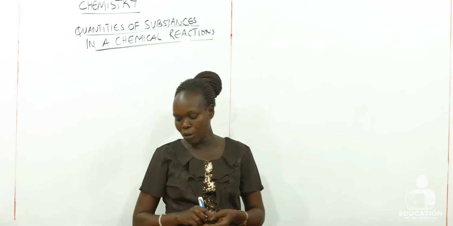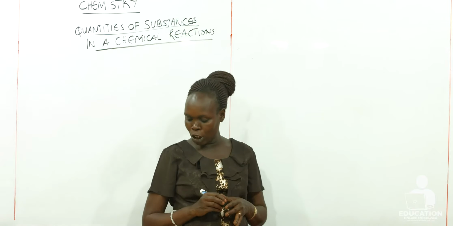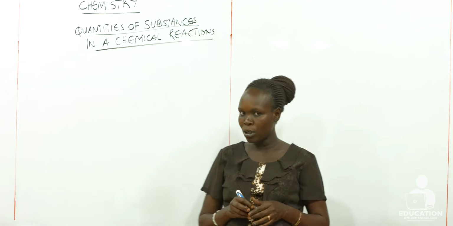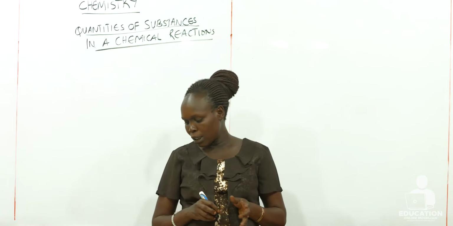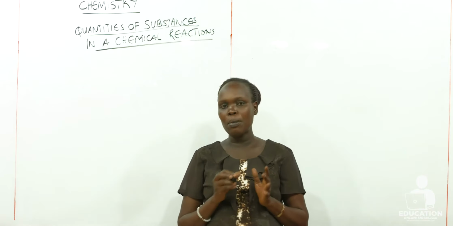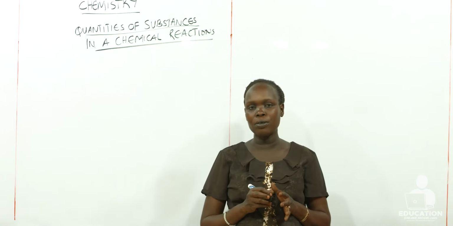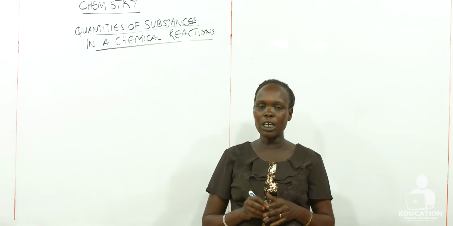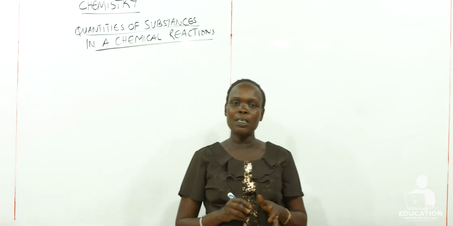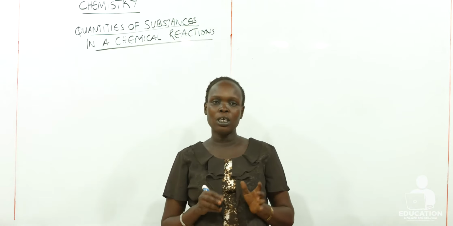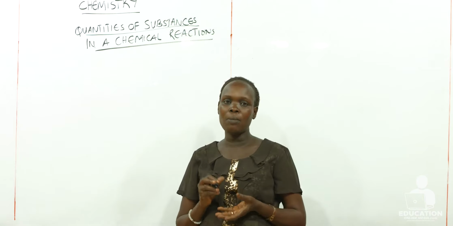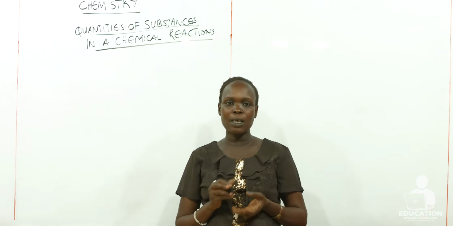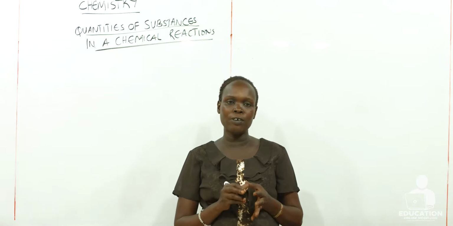So here the equation as it is written does not indicate only one possible set of amounts, but it has to indicate some other different amounts of other substances. It means in a chemical reaction, when you are representing the chemical equation, it doesn't show only one amount, for example the amount of moles of a substance, but it is showing a lot of things there.